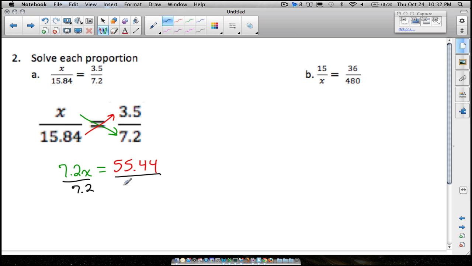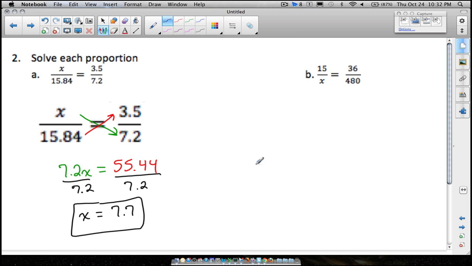Now some of you may skip this step. I'm okay with that for right now. We haven't talked too much about solving equations, but we have talked about this process in class quite often of multiplying and dividing should you need to divide. In this case we need to, so 55.44 divided by 7.2, we get 7.7.